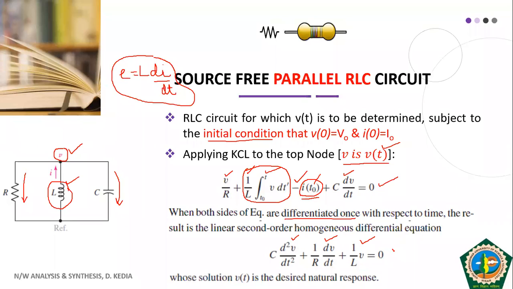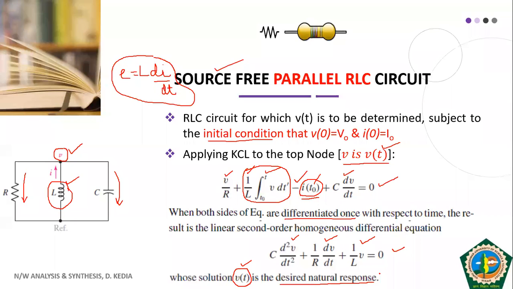So this is the governing equation of a parallel RLC circuit which is source free. In a way you can say that this equation is the desired natural response of this source-free parallel RLC circuit. From this equation, we now need to determine the value of v(t), so we need the solution of this equation. Dear students, now we have to understand how to arrive at the solution.